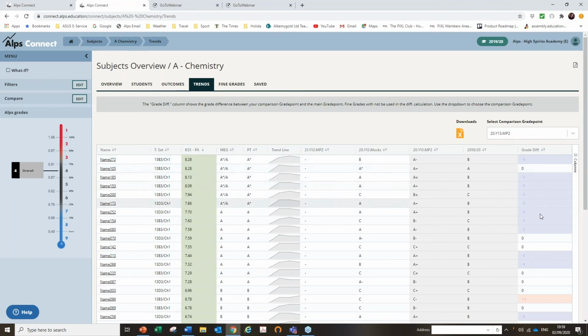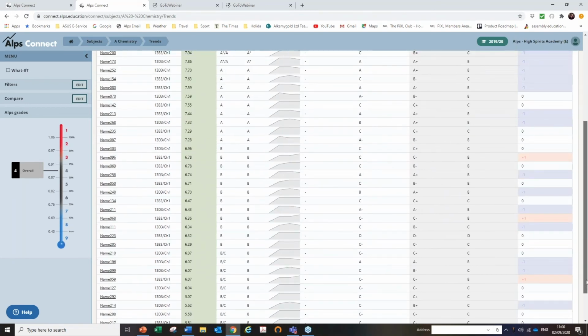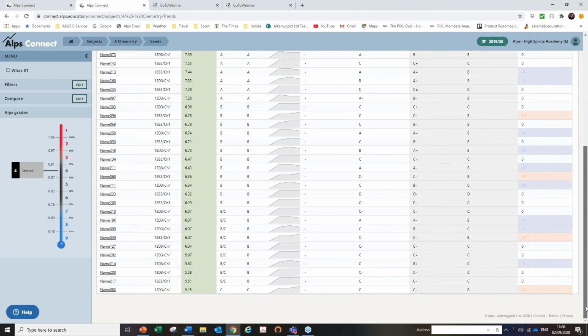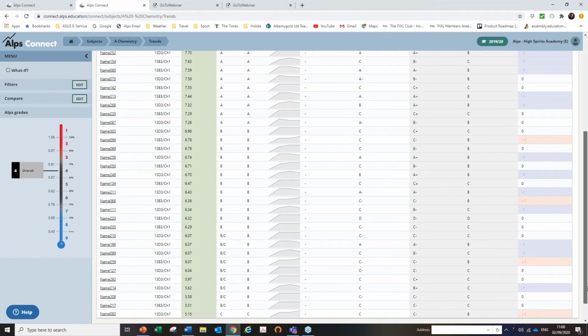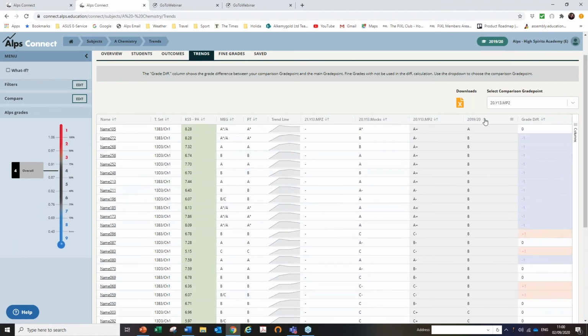And you can see that some of the students with the highest prior attainment, many of whom were in the set with the lower value added, are up near the top here. And actually, if we go down, we can also identify a few students who were allocated a higher centre assessed grade than their MP2.